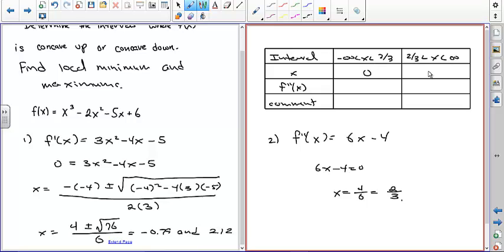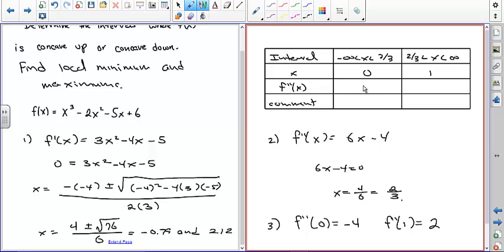So pick x equals 0, x equals 1, and we'll evaluate the second derivative at those values of x. So f double prime of 0 is going to be negative 4, and f double prime of 1 is going to be 2. If I put 0 in here, I just have negative 4 left. If I put 1 in here, I'll get 6 minus 4, which is 2.